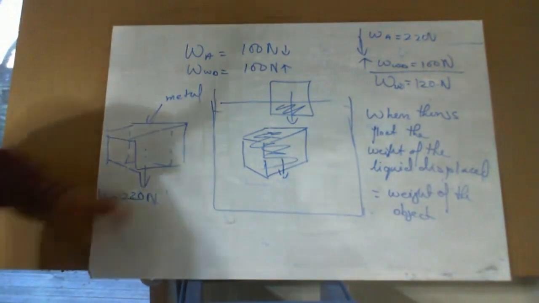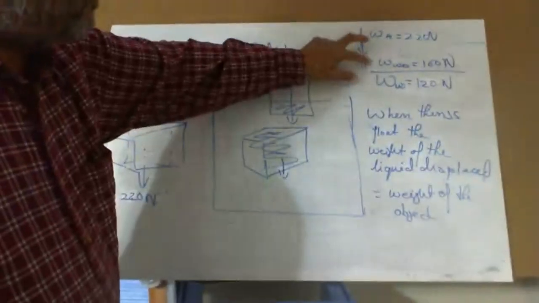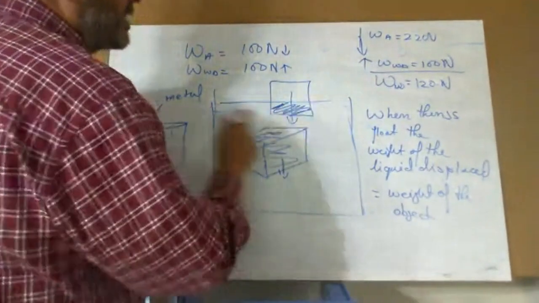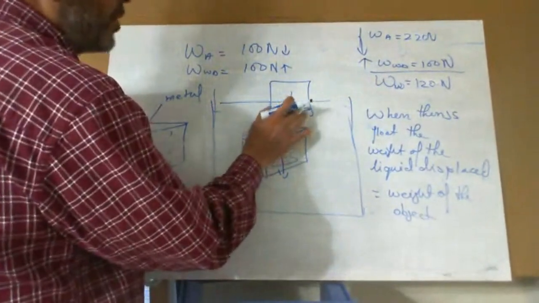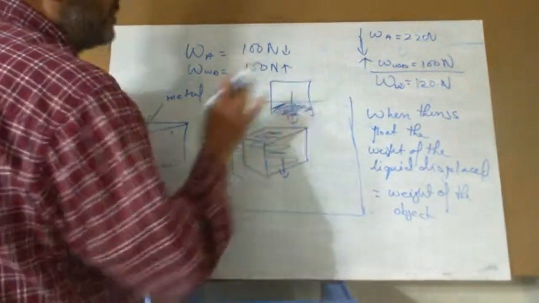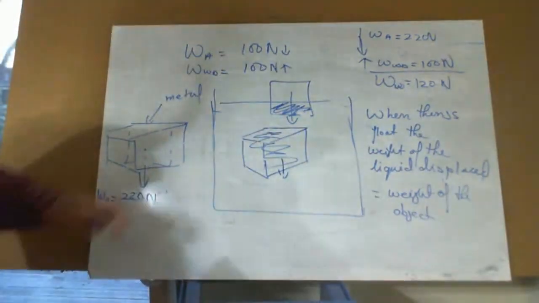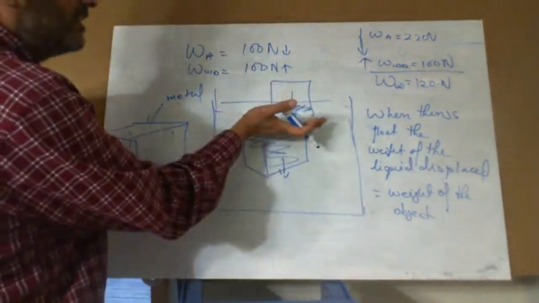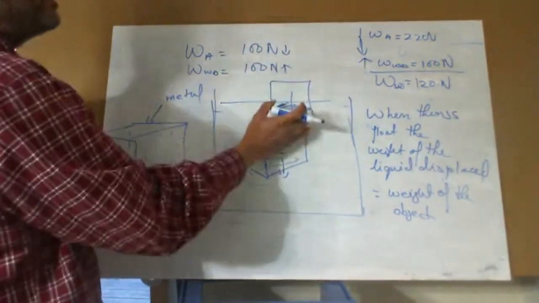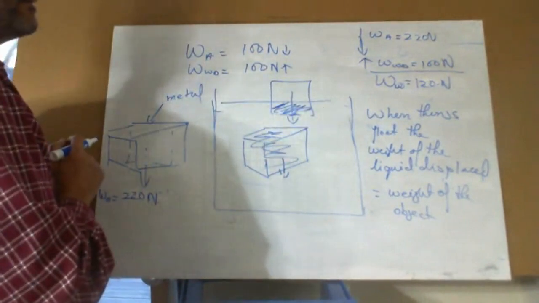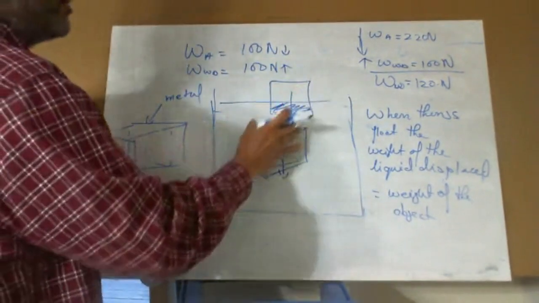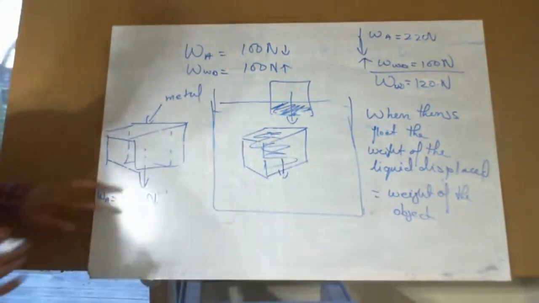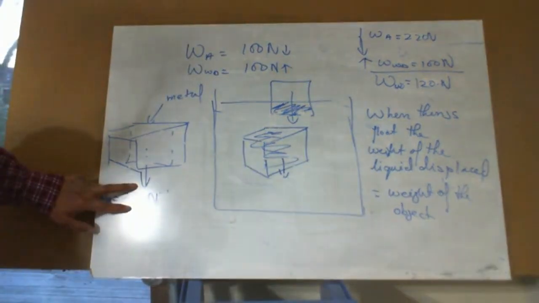So when it floats, this is the amount of water that is displaced, and the weight of the water pushed aside is exactly equal to the weight of the object. If the amount of water pushed aside is less than the weight of the object, what will happen?